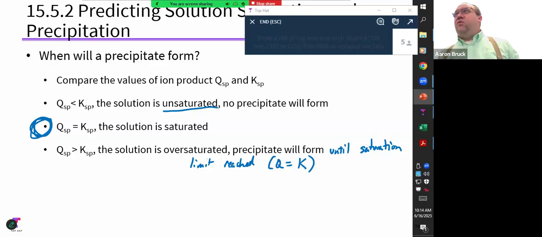And that precipitate will form out until we get to saturation. So again, everything's driving toward equilibrium here.